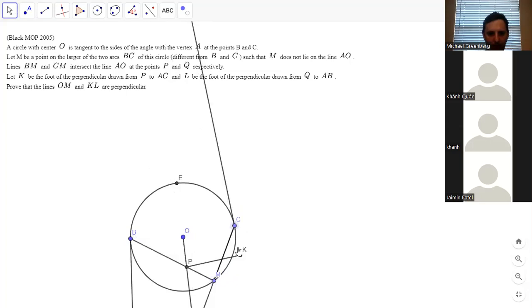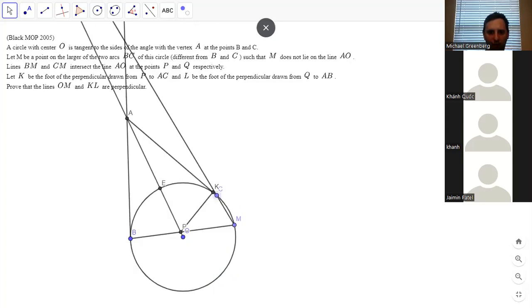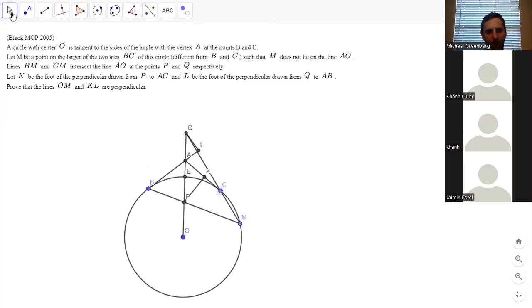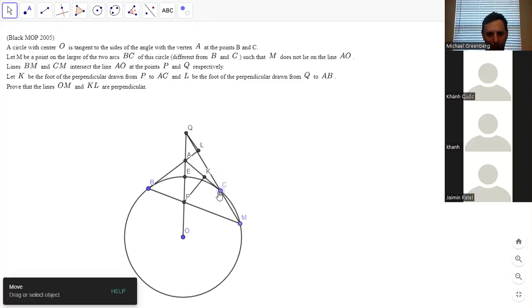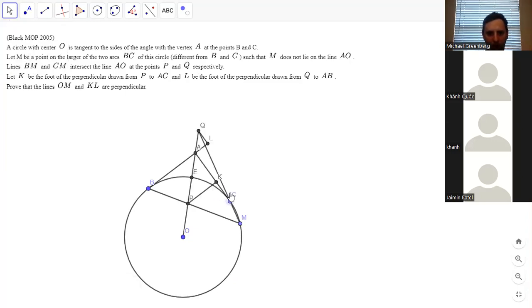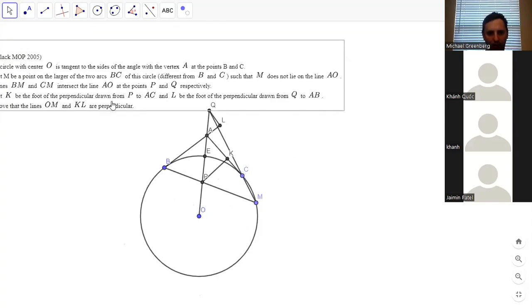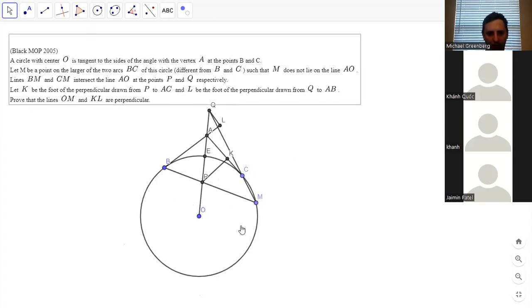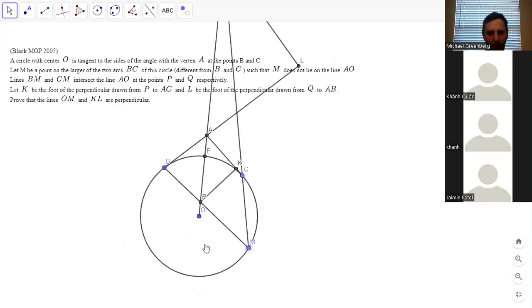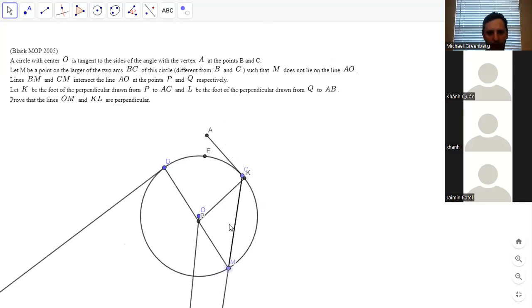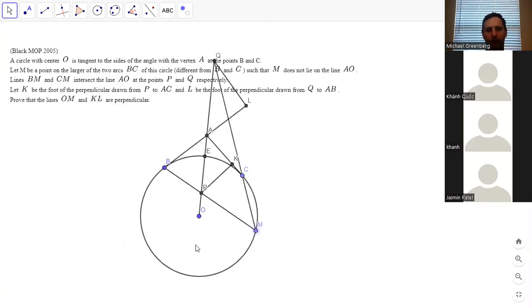Maybe we can just let it be like that. CM would intersect the circle, like AO down here instead.